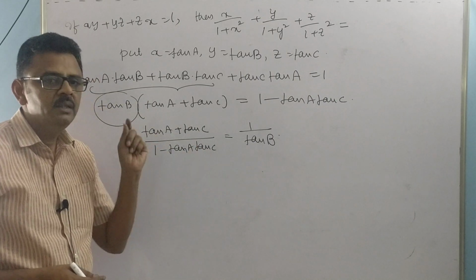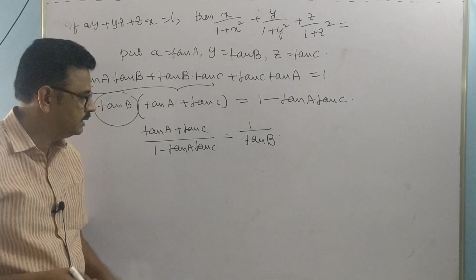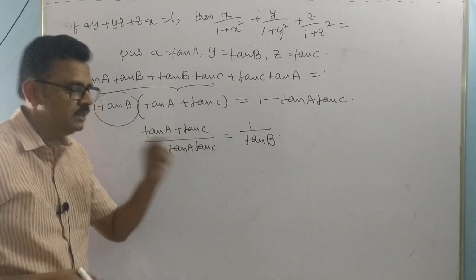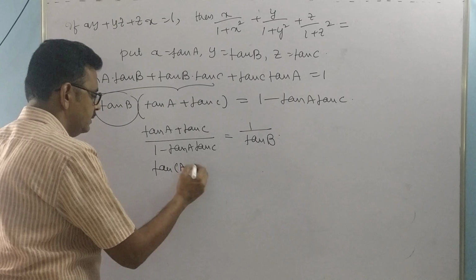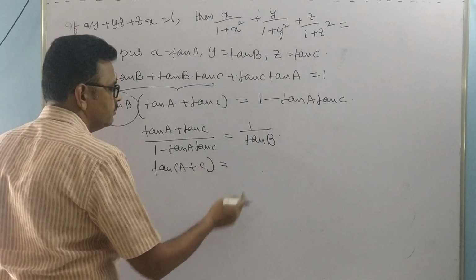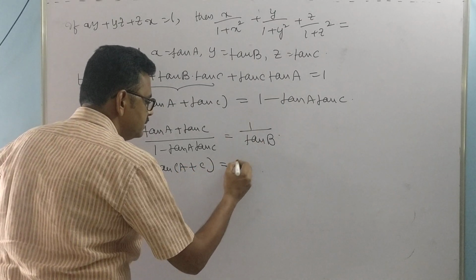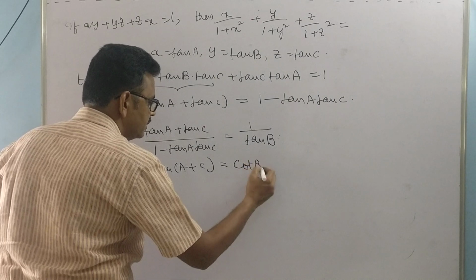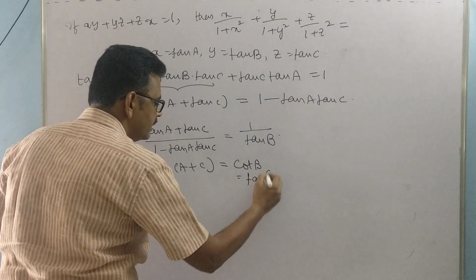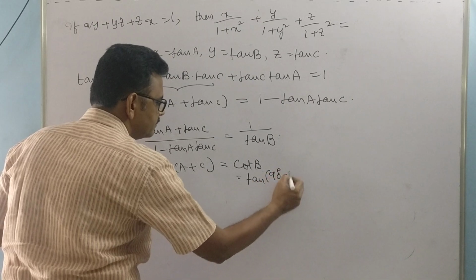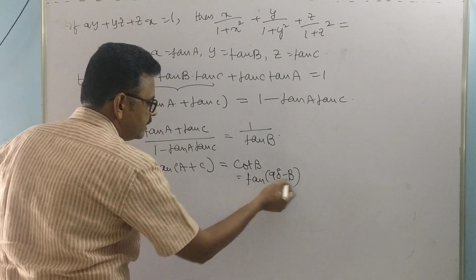What is the formula? Tan of A plus B. Here tan of A plus C. So that is the formula. Tan of A plus C is equal to 1 by tan B, that is cot B. So this cot B can be written as tan of 90 minus B. Tan 90 minus B equal to what?